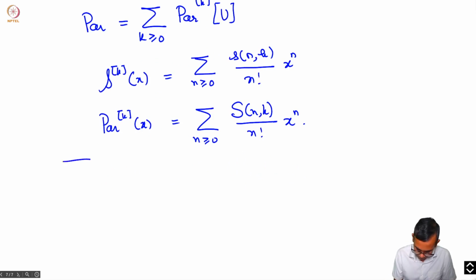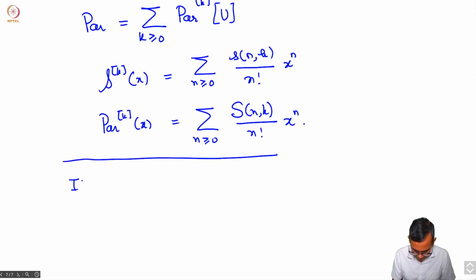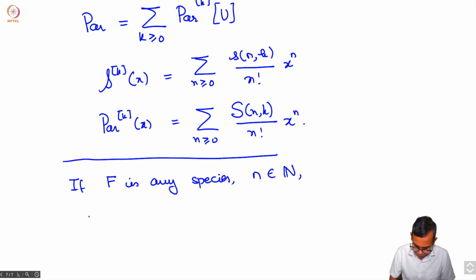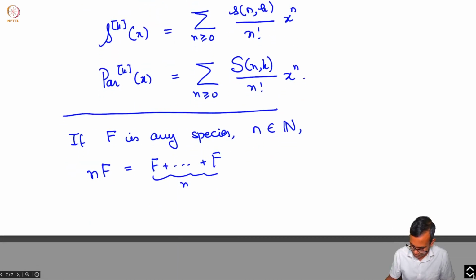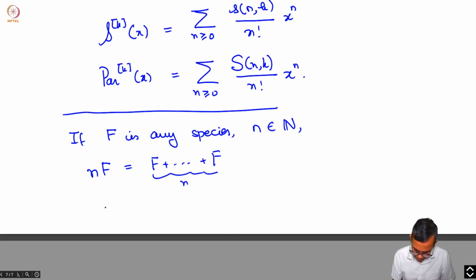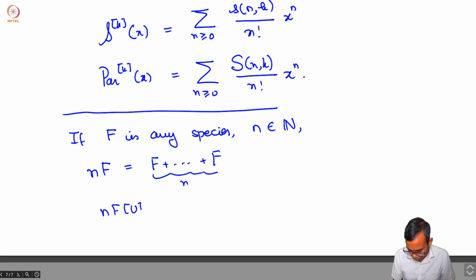Last example, if F is any species, n any non-negative integer, then nF, well, this is F plus F plus F, n times, a sum of n copies of F. Then just from the definitions, what you see is that nF(U) is F(U) cross n.